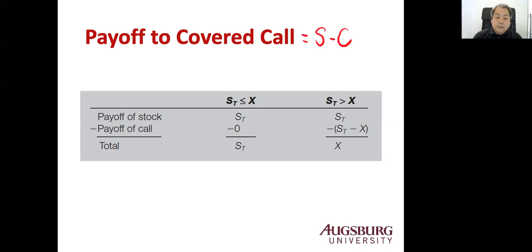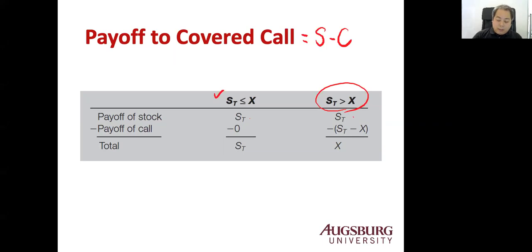Then the payoff of the stock at the expiration date, in two cases. When the stock is below the exercise price, the payoff of the stock is always just the stock price at the expiration date. But the call option will be exercised when the stock price is above the exercise price, which is the right-hand case.